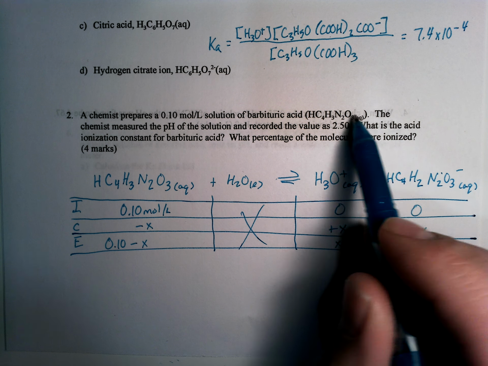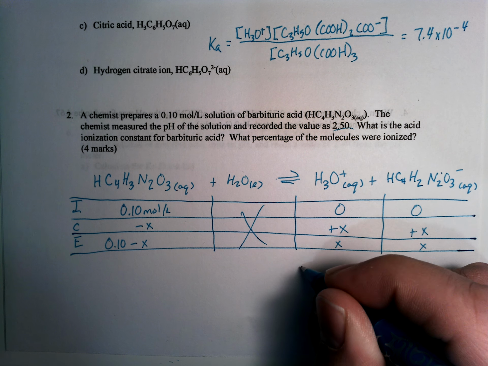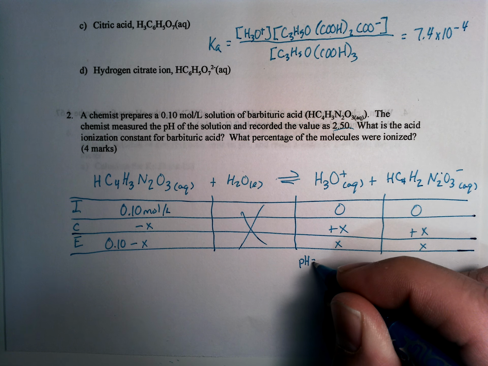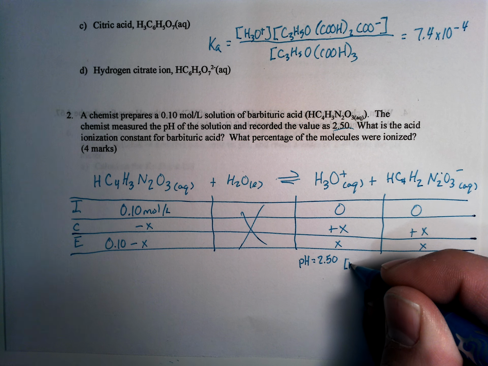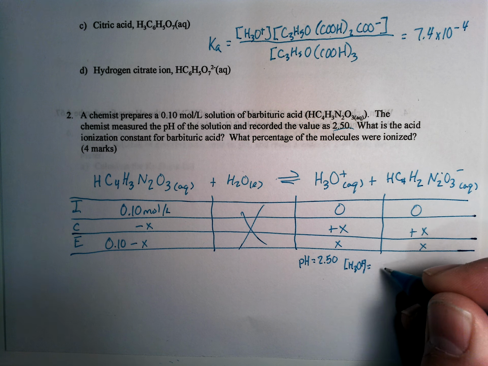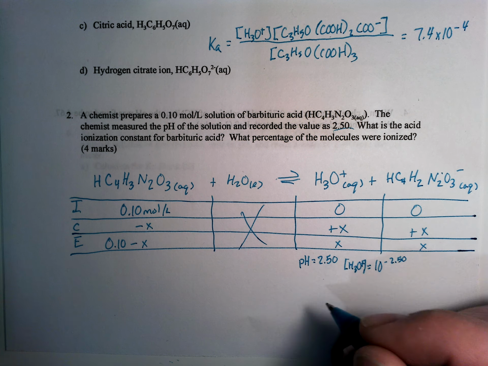What is X? Our value that's going to help us is the pH of 2.5. From that, we can get our hydronium concentration, which is equal to 10 to the negative pH, so 10 to the negative 2.5.